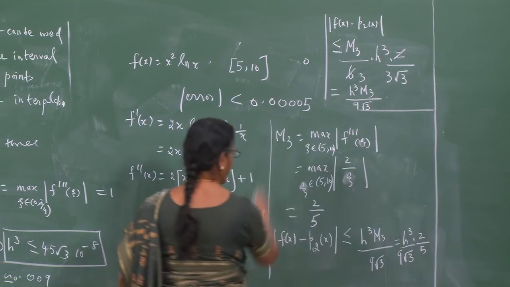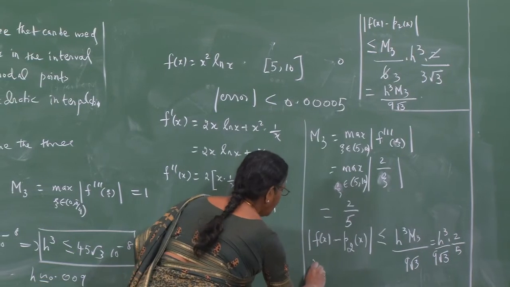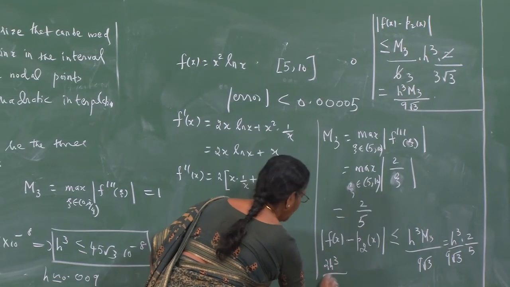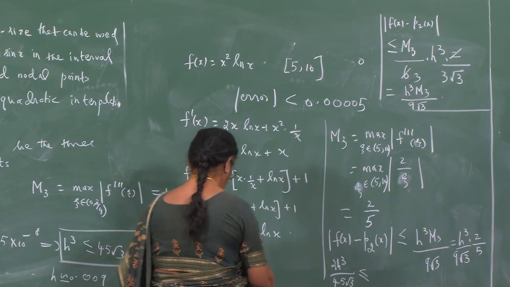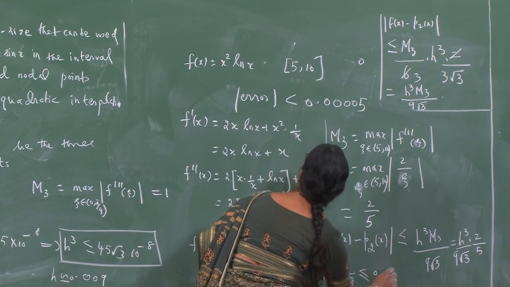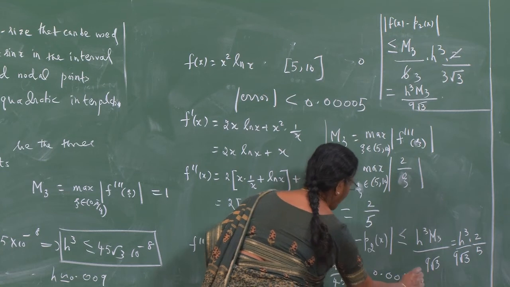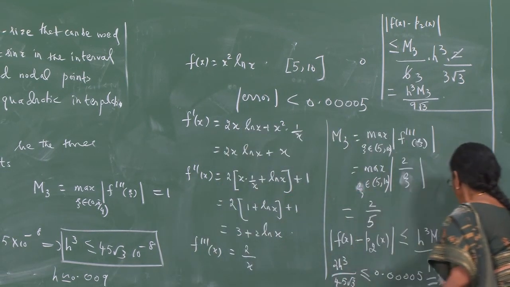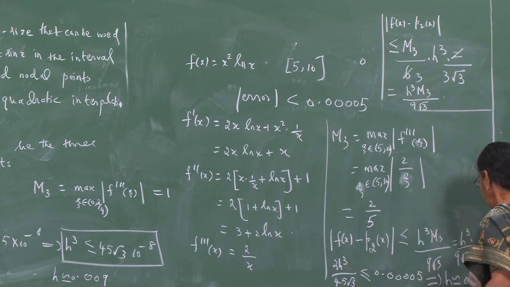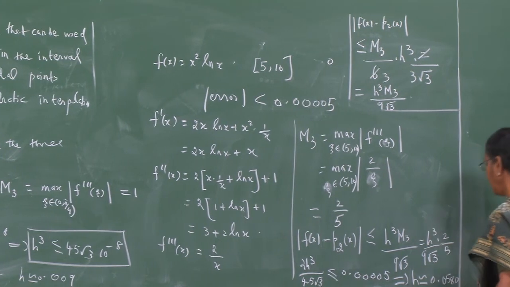And what do I want? I want 2h cubed by 45 into root 3 to be less than or equal to 0.00005, and that gives h to be approximately 0.0580.